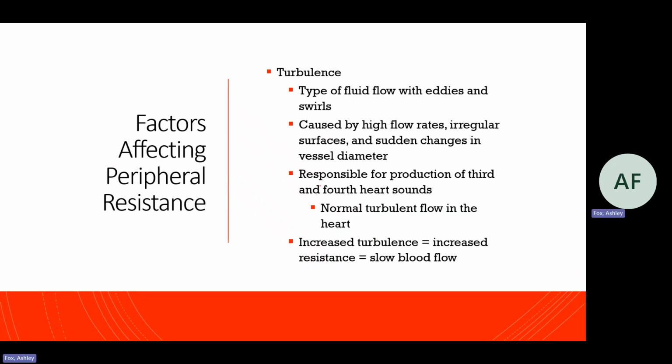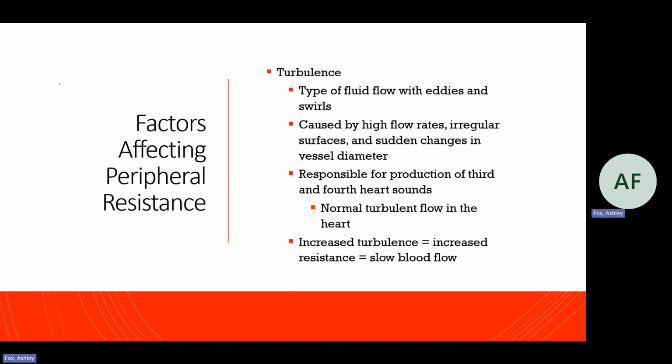Last thing that affects total peripheral resistance is another one that we really don't change as much. It can change secondary to changes in your vessel diameter, but most often that changes and then evens out. So turbulence: think of when you're flying, and all of a sudden you hit turbulent air and have a bumpy ride.